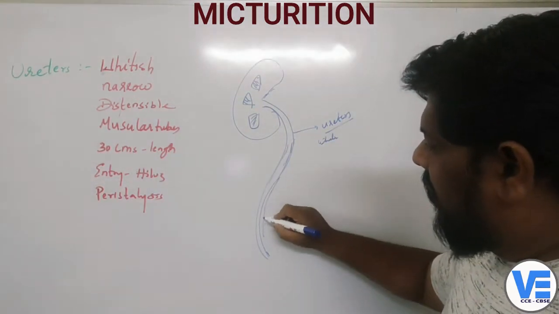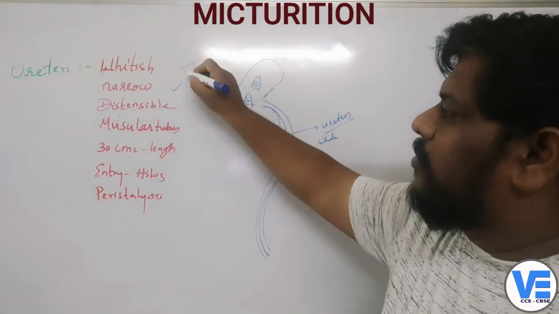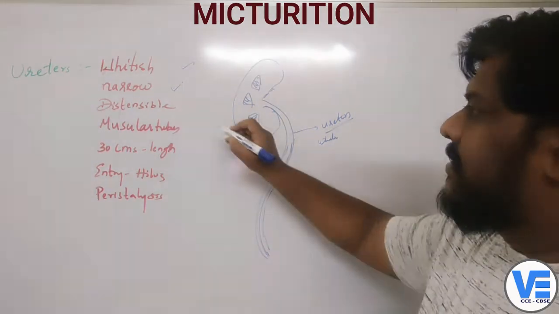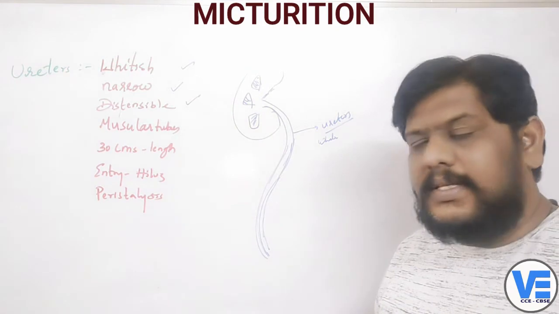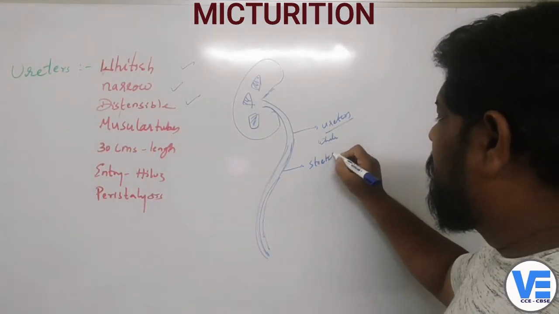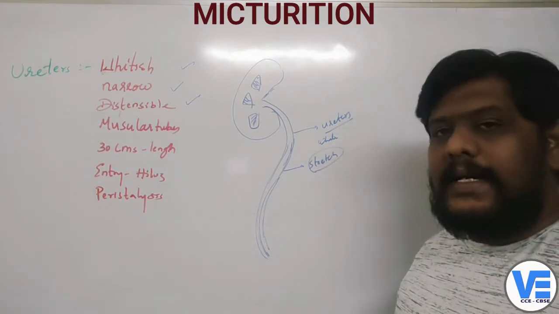They are not very broad tubes. And then the next feature of these tubes is that they are distensible. Distensible in the sense they are able to stretch. That's why we call them distensible.